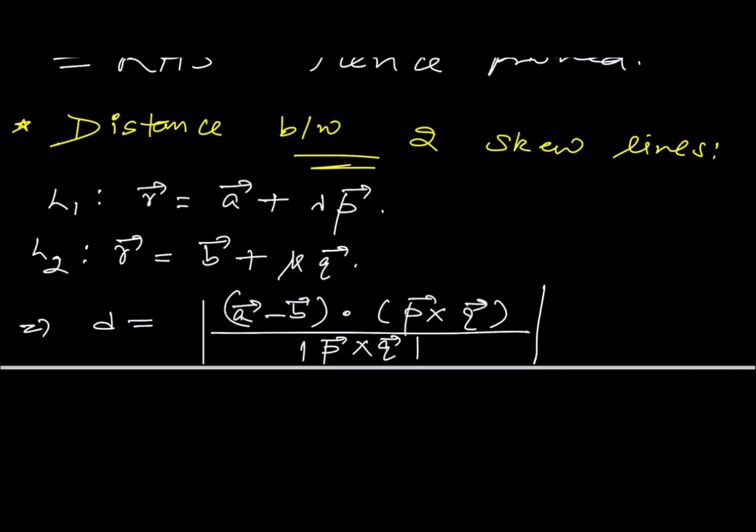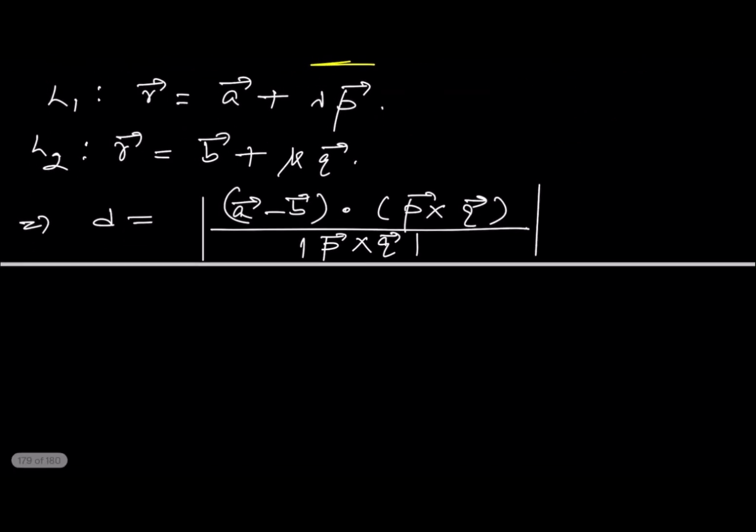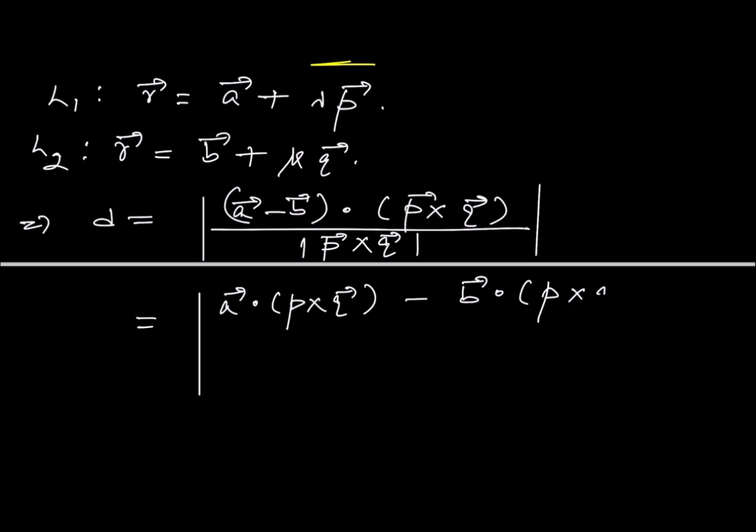Okay, now we all know that dot product is distributive over addition or subtraction, so I can also write this thing as b dot p cross q minus a dot p cross q upon mod of p cross q.